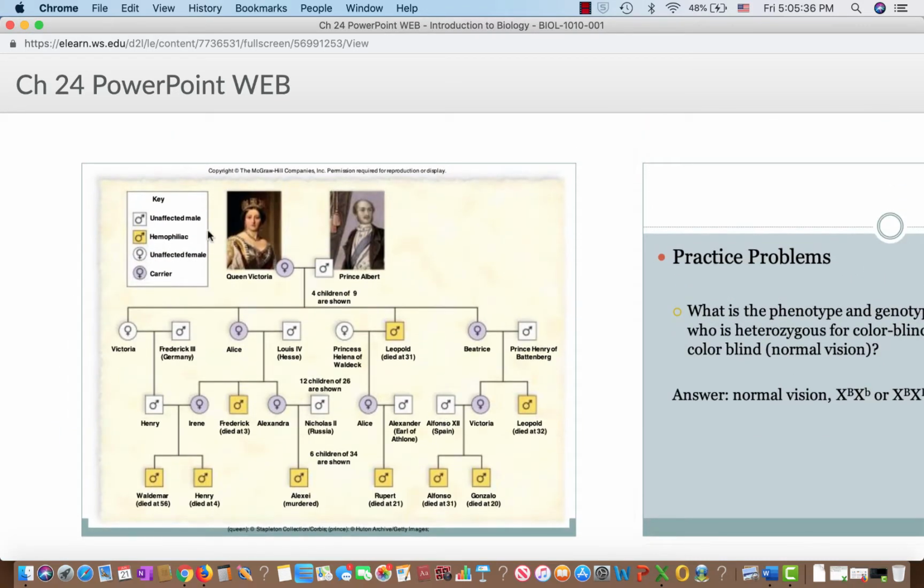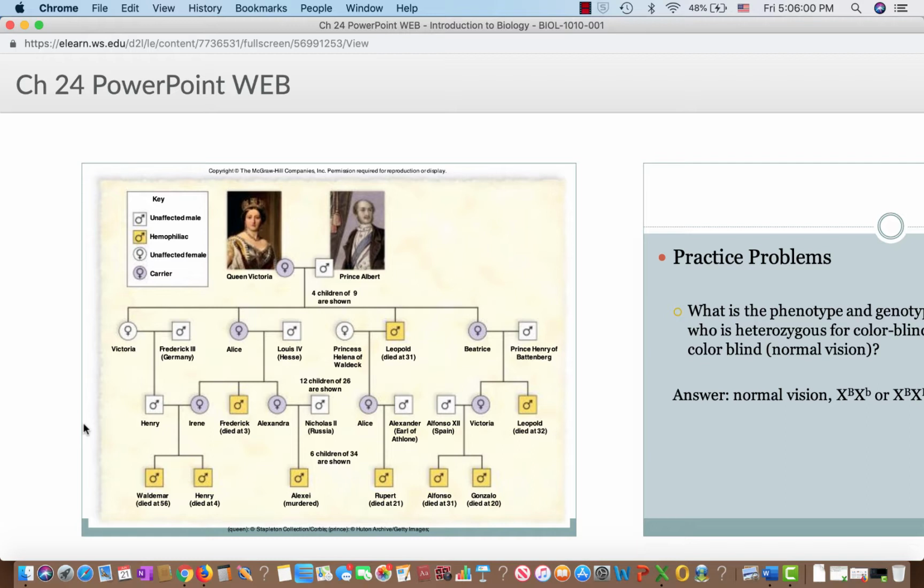And this is just a pedigree of the royal family and tracing hemophilia through their bloodline. The problem with the royal families of Europe is they tended to intermarry with each other. Like, you would only marry another royal, whether from the same country or from a different one.